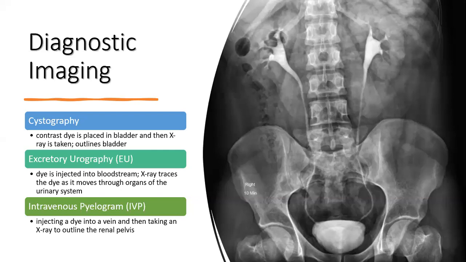Some differentiate between the two. They call it urography for IVU, intravenous urography, and pyelogram for retrograde pyelogram. We will talk about it a few slides later.